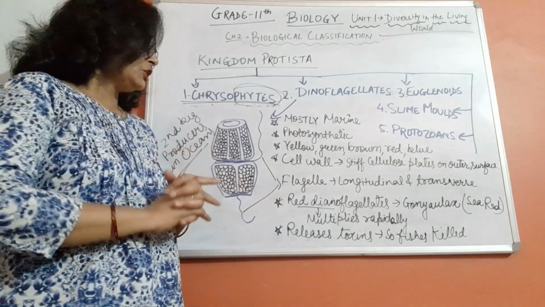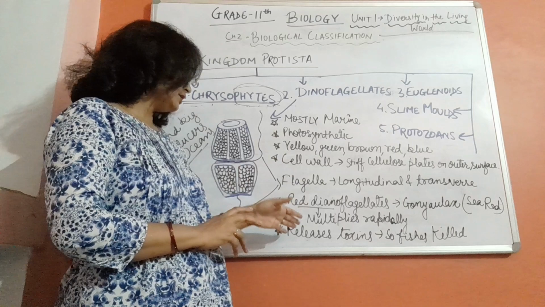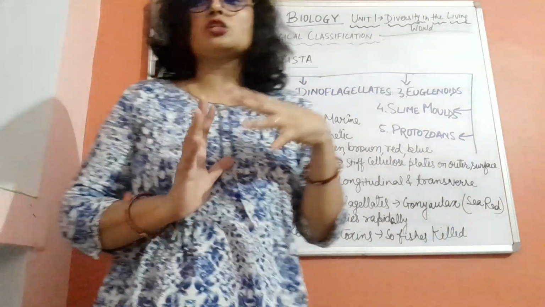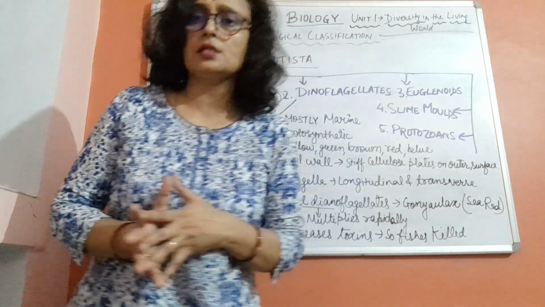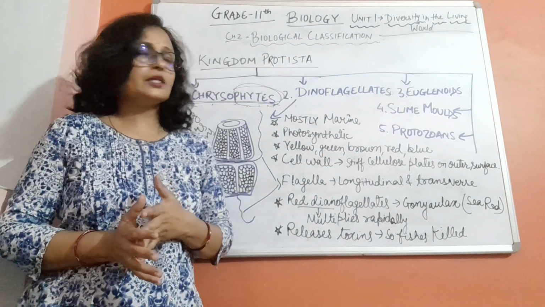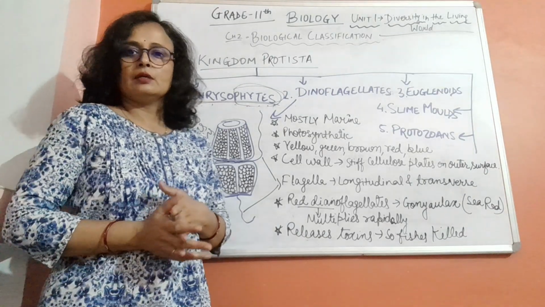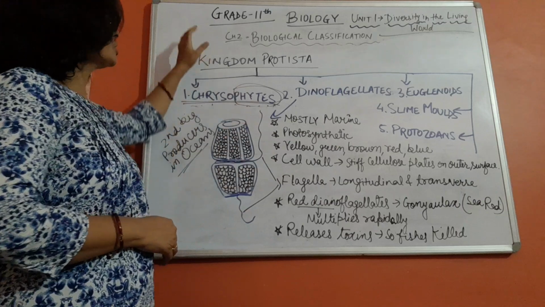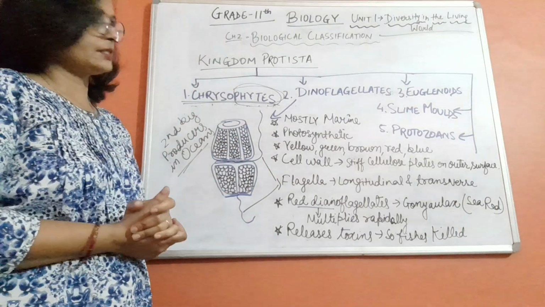So it appears red. Dinoflagellates release lots of toxins in the sea, in the ocean, and because of that aquatic organisms might get killed, like fishes might be killed because of such dinoflagellates.